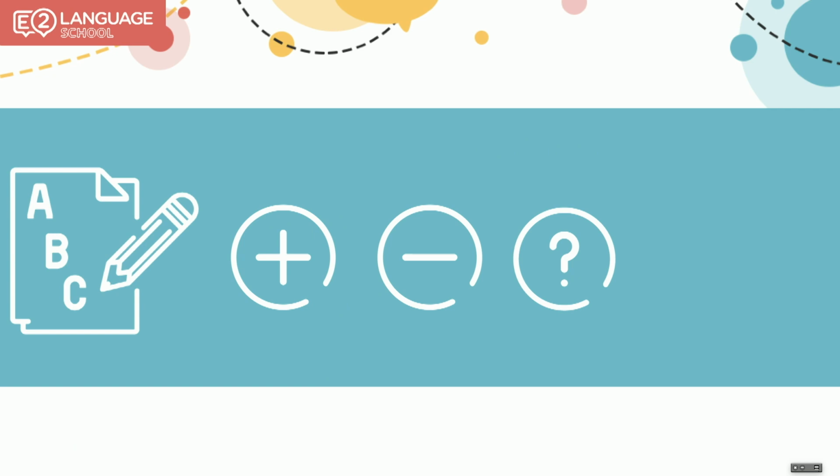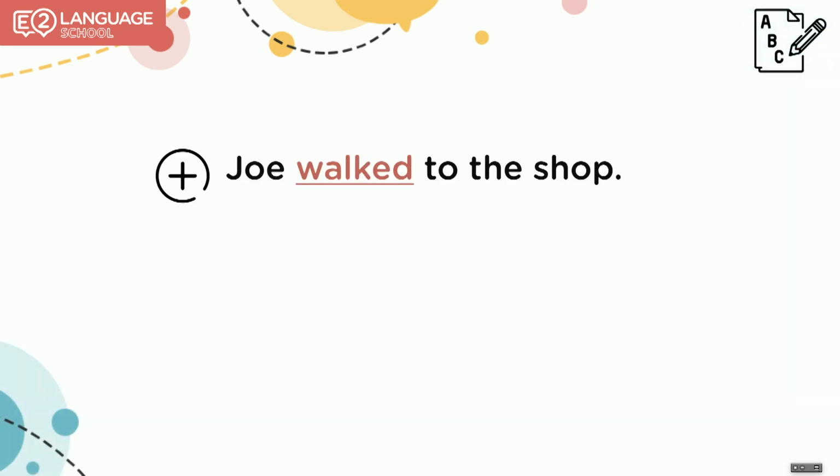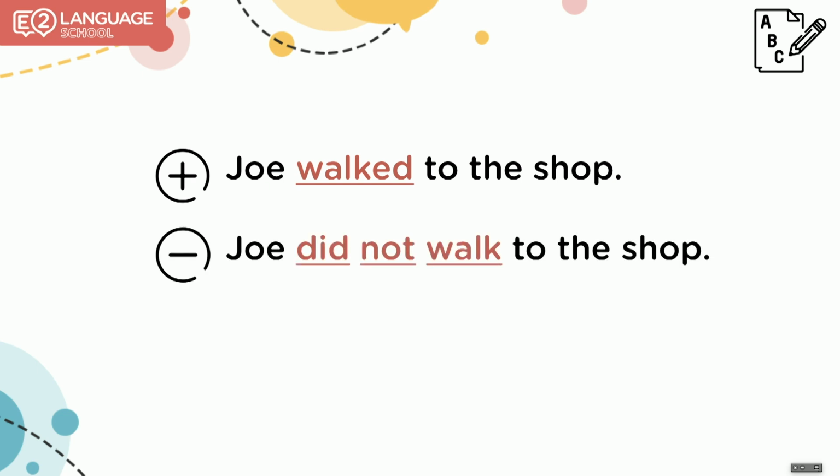Let's look at the positive, negative, and question sentence types. So for a positive sentence, we say Joe walked to the shop. To make a not sentence, we say Joe did not walk to the shop. So we add did and not, and walked becomes walk.